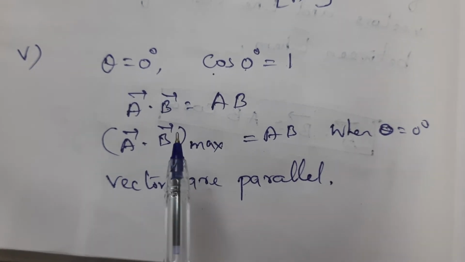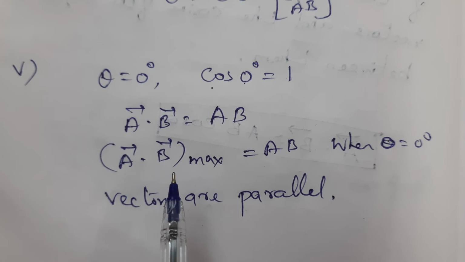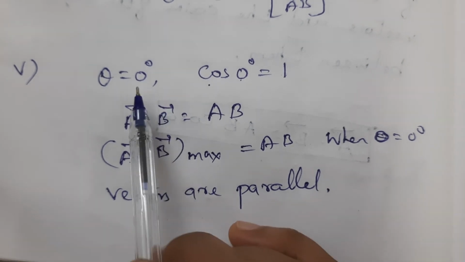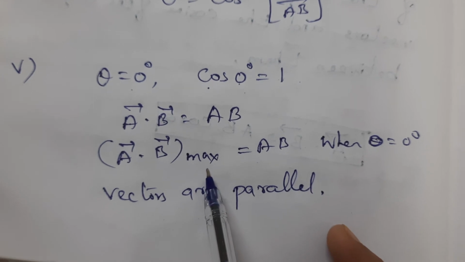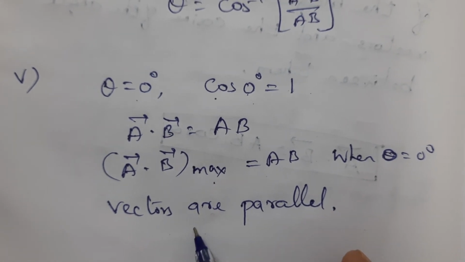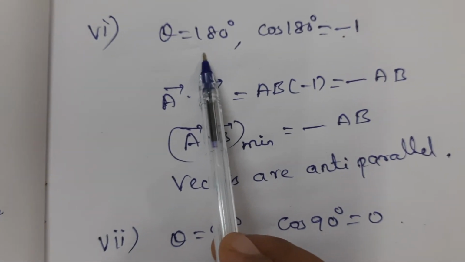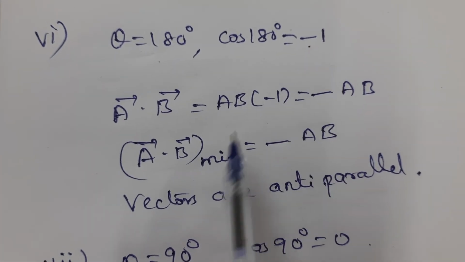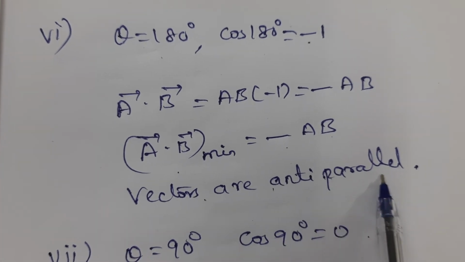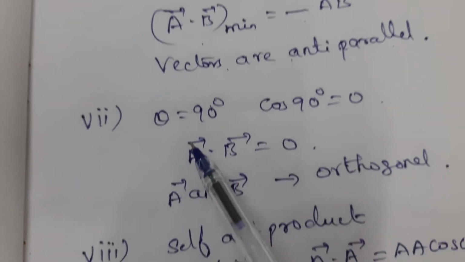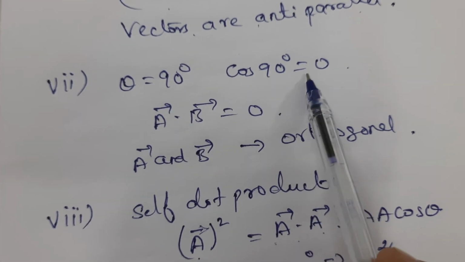Listen, with theta concept we have seen 4 points. Theta equal to 0 degree, cos 0 is 1. So A dot B has the maximum value. The vectors are said to be parallel. Theta is equal to 180 degree, cos 180 is minus 1. So A dot B has the minimum value minus AB. Vectors are said to be anti-parallel. Theta is equal to 90 degree, cos 90 is equal to 0.